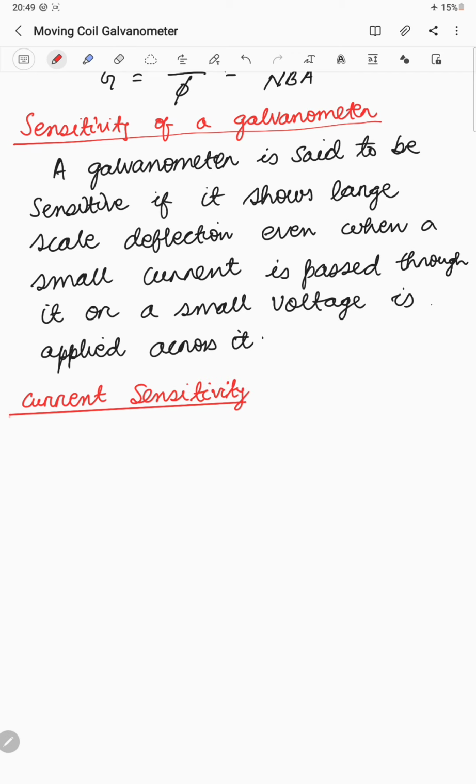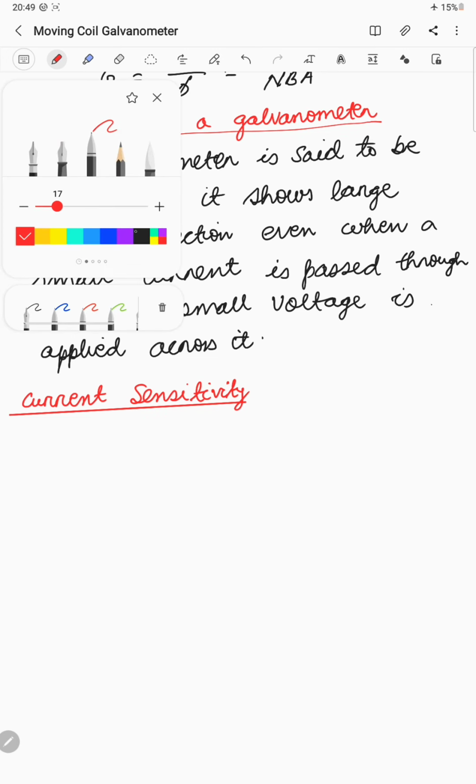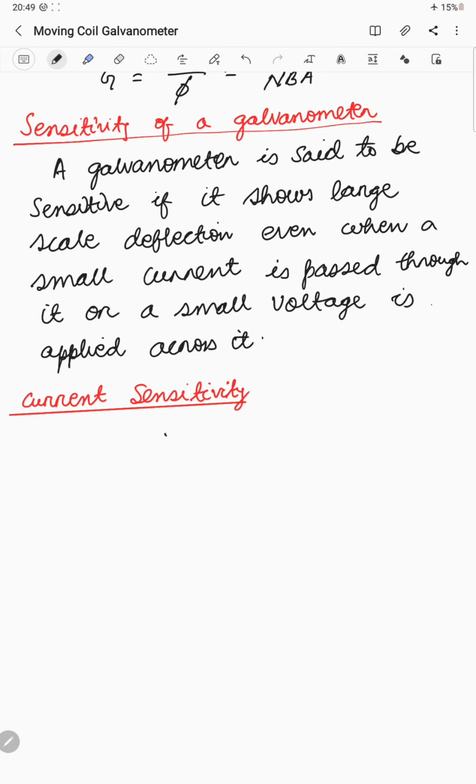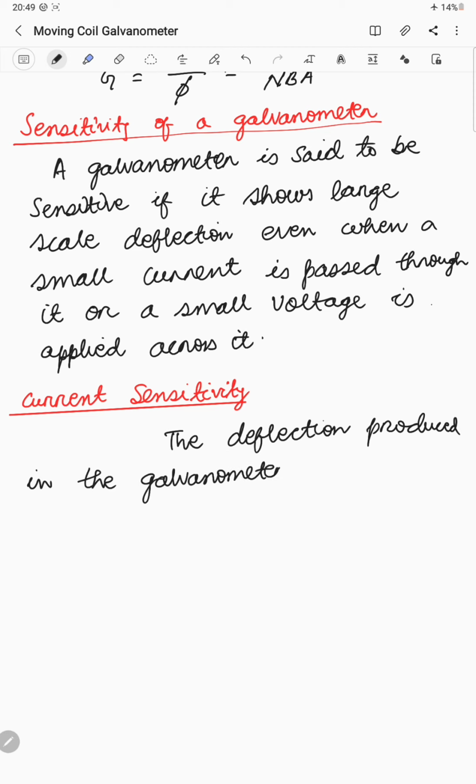It is defined as the deflection produced in the galvanometer when a unit current flows through it.